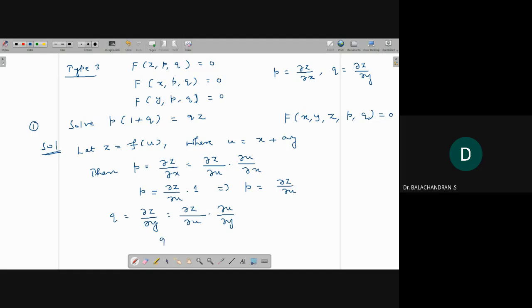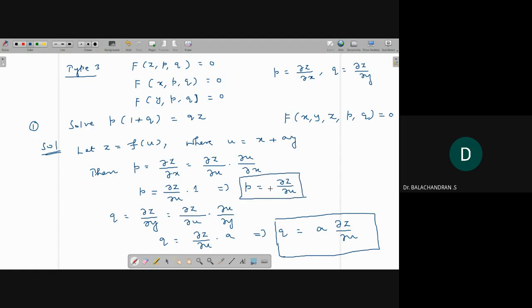So hence q equal to dou z by dou u into dou u by dou y, which is a. This implies q is equal to a into dou z by dou u. So this is q, and this is p.